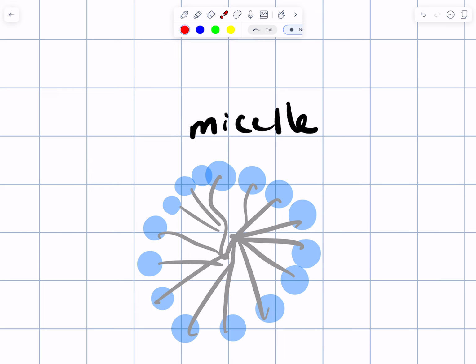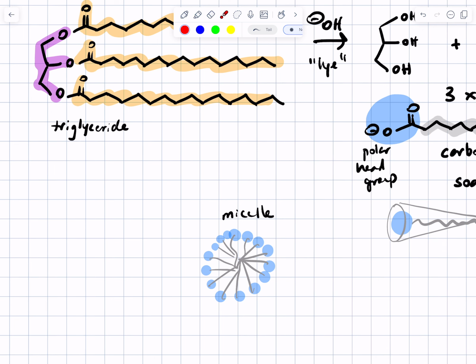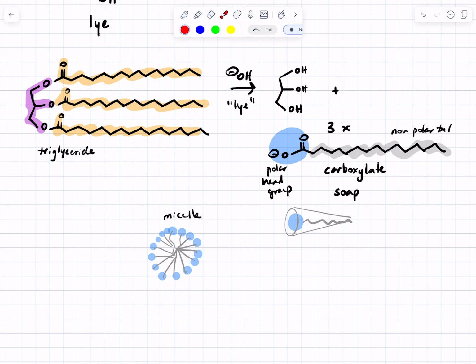Is it like trapped? Yep, trapped. Okay, what else? Good. So that's saponification. There's more that we could talk about there, but I think maybe I'll hold off on that for a little bit.